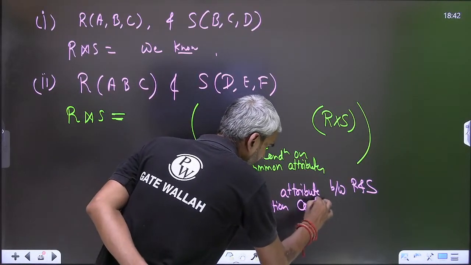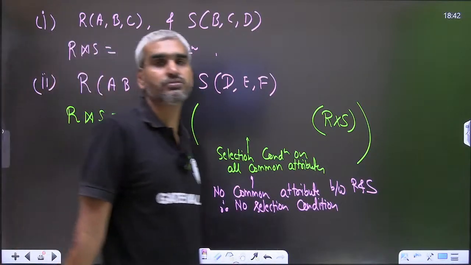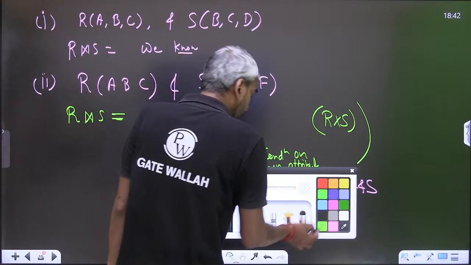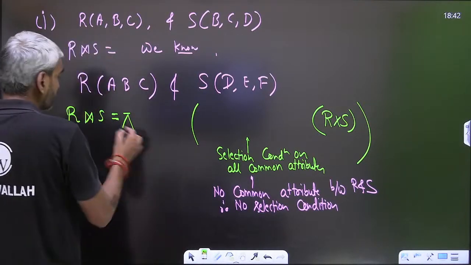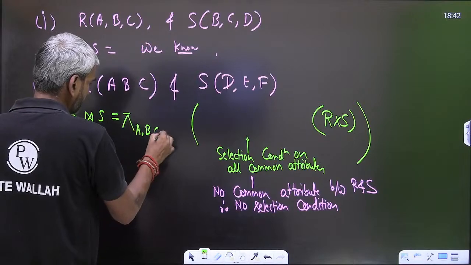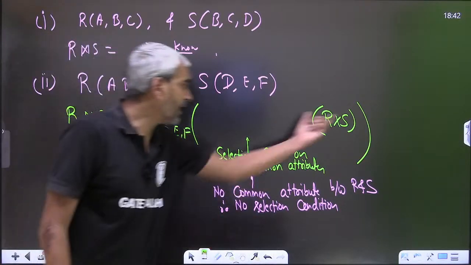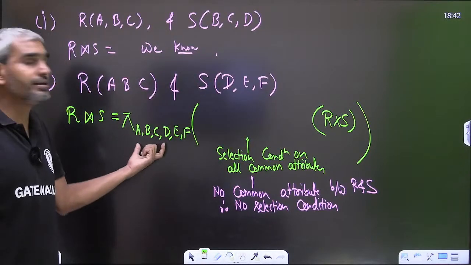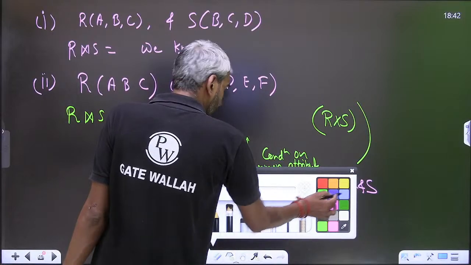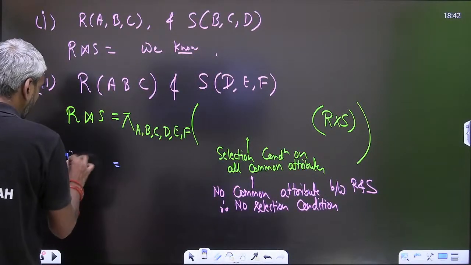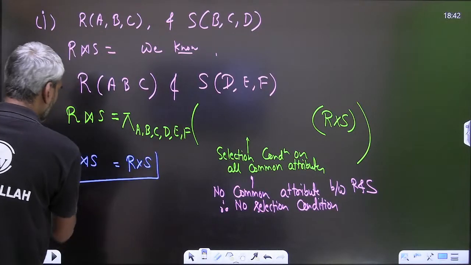If no selection condition is applied, then ultimately all the tuples of R cross S will be present in the output. And finally, you will project distinct attributes A, B, C, D, E, F. Please try to understand: from R cross S without selecting anything, if you project all the attributes, it is nothing but R cross S only.